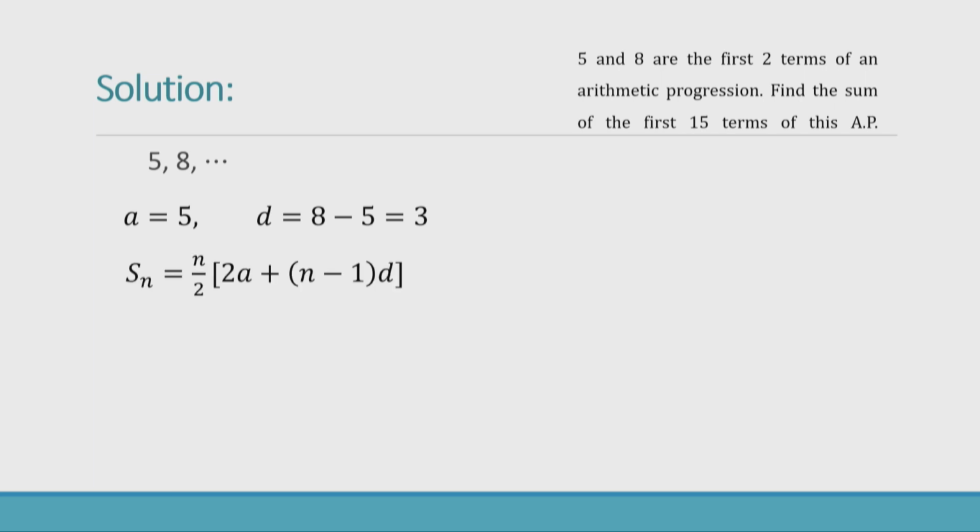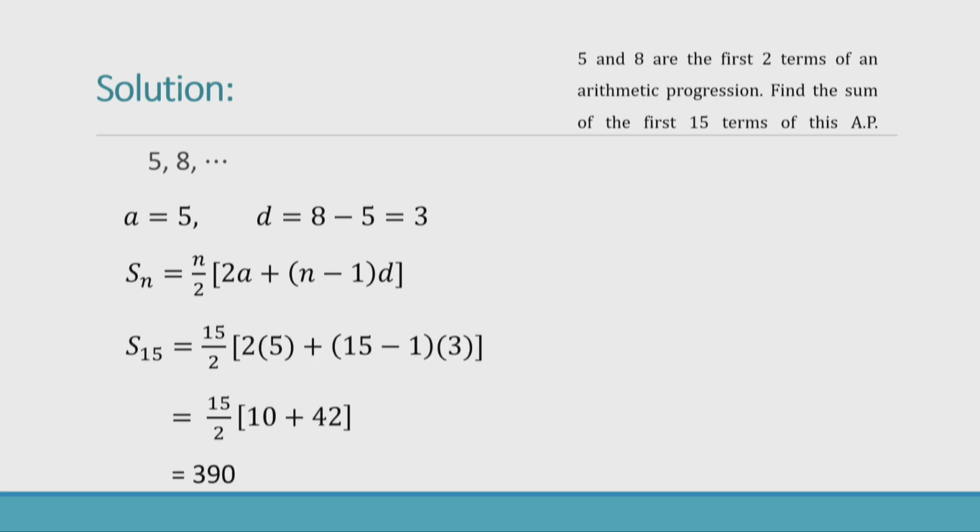Now the formula for Sn is n over 2 into (2a plus (n minus 1) into d). And we have been asked to find the sum of the first 15 terms. So in other words, I need to find S15.